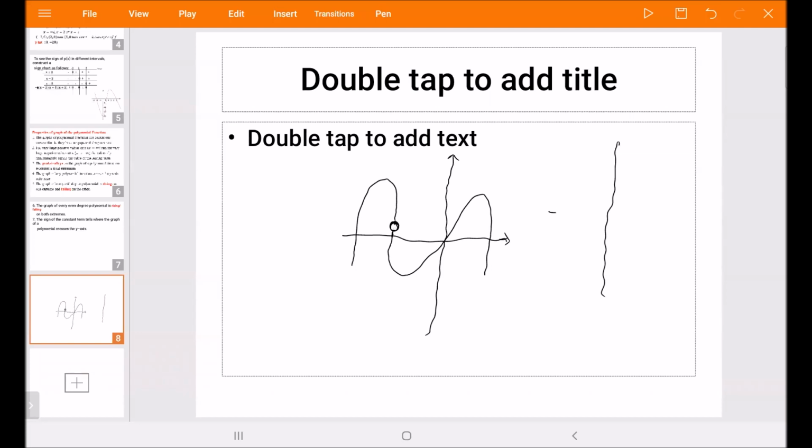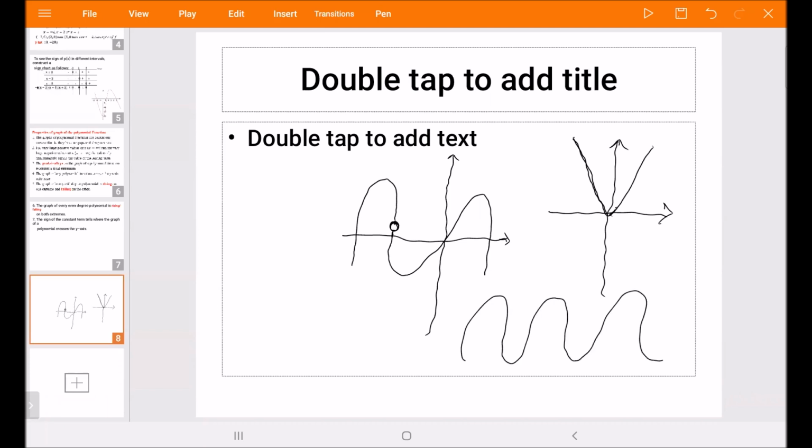Another case is a sharp corner. For example, if someone draws the graph of a polynomial like this, again, this cannot be the graph of a polynomial because here is a sharp corner. This is V-shaped, but the graph of a polynomial is a curve. It looks like a wave, a smooth, continuous curve.